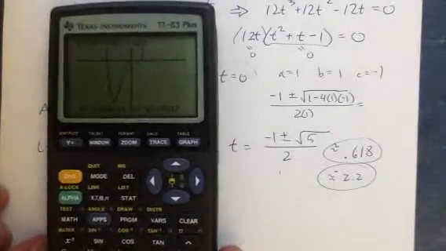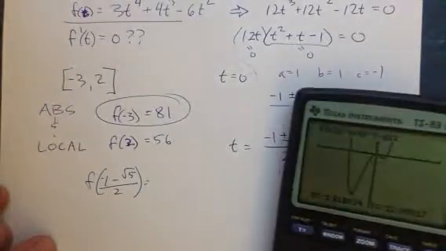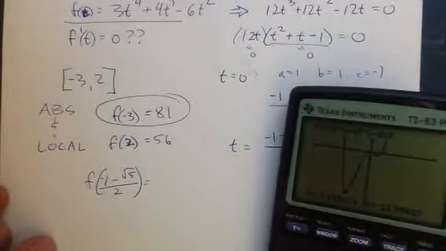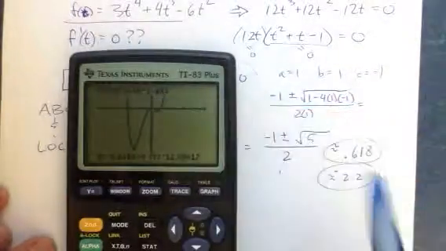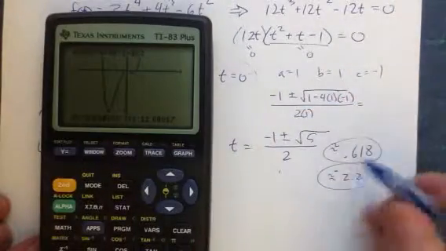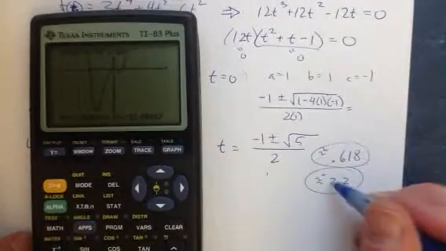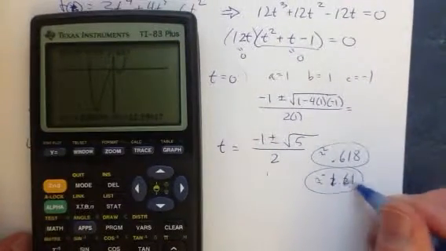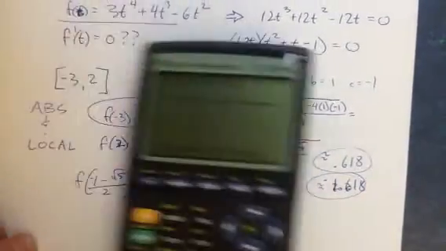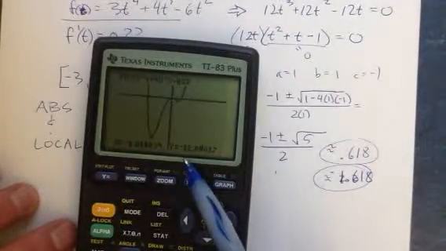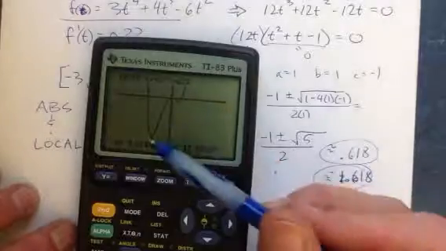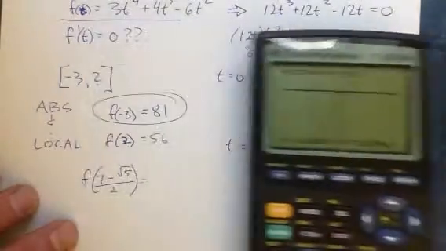And there it is at -1.6. That doesn't look right. Oh yeah, that is right. Sorry, -1.618, I wrote that wrong over here. Now this is -12.05, so that's how far down I go when I'm at that local minimum.